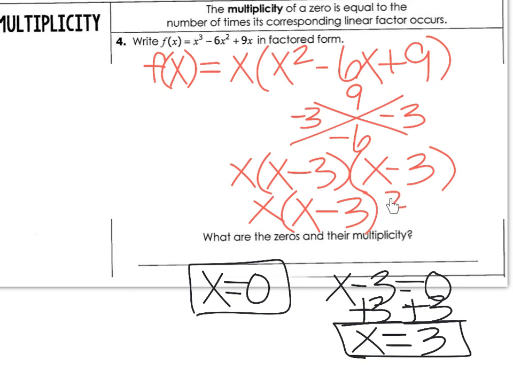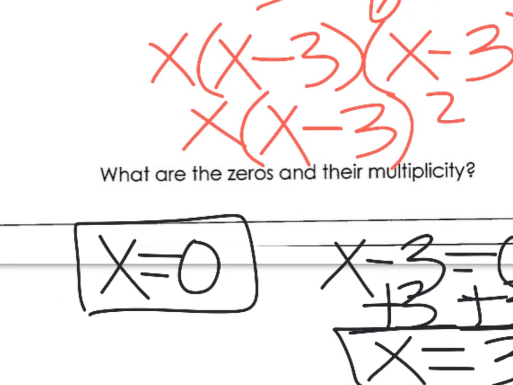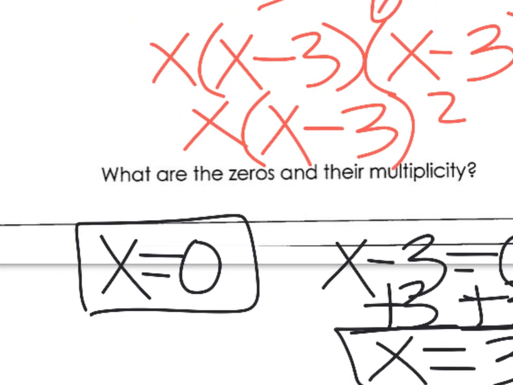So this squared right here tells us that x minus 3 occurs twice, as we can see when we wrote it in factored form. Therefore, the 0 of 3 occurs twice as well. So if we were to fill in this blank right here, what are the zeros and their multiplicity?